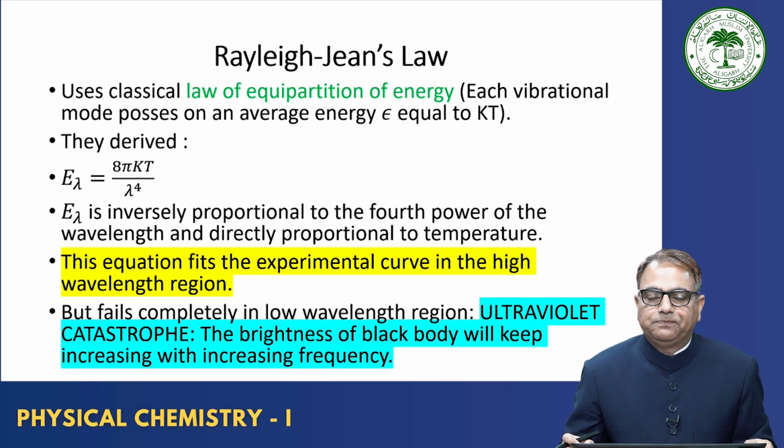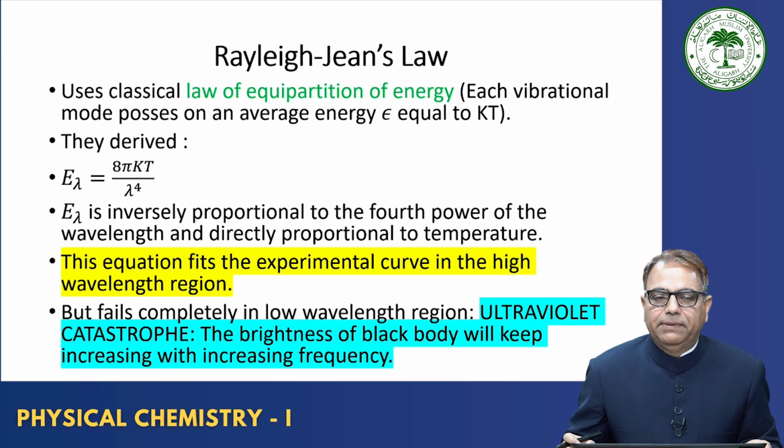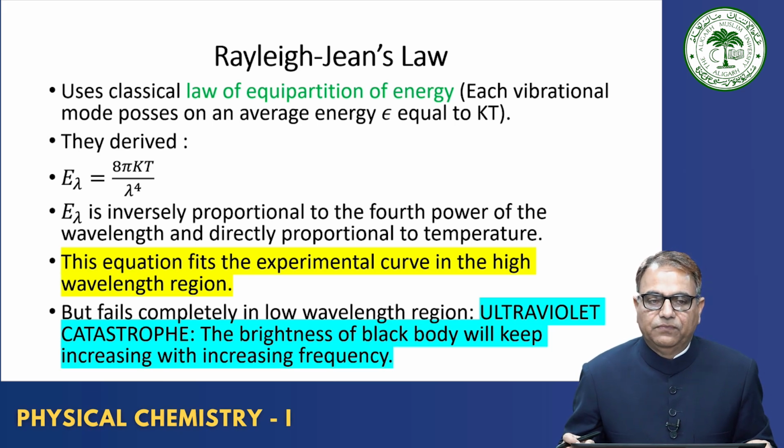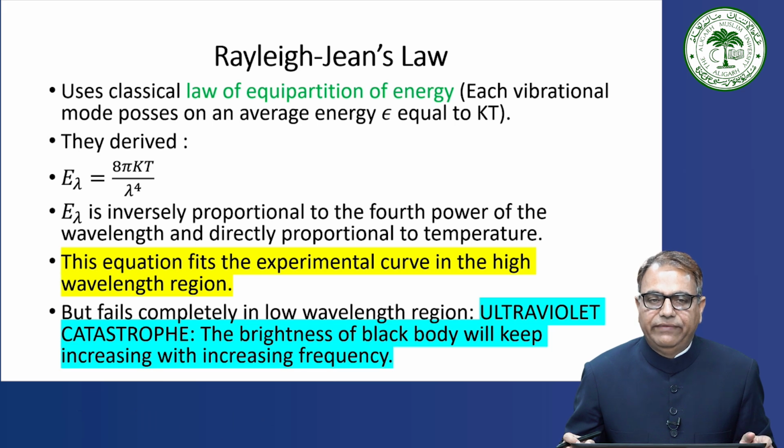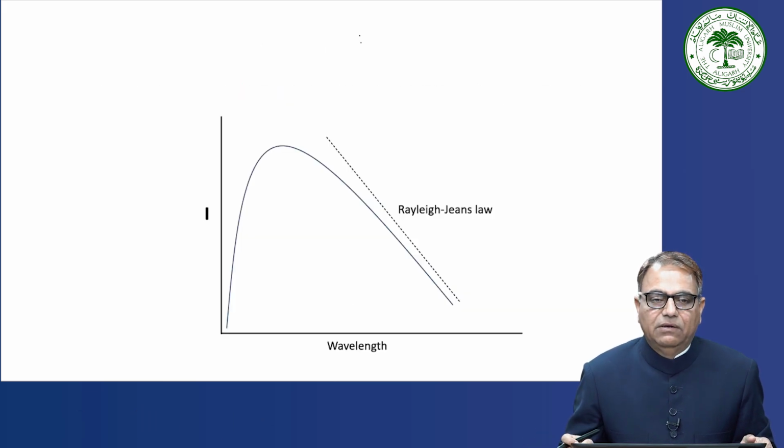And this equation fits the experimental curve in the high wavelength region. If you go to the low wavelength region, the Rayleigh-Jeans law gives a curve which tells you that the energy will keep on rising as you decrease the wavelength, and this phenomenon is called the ultraviolet catastrophe.